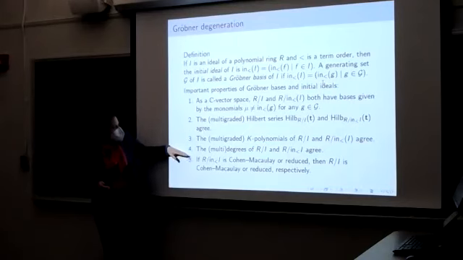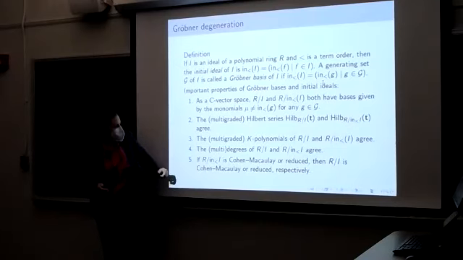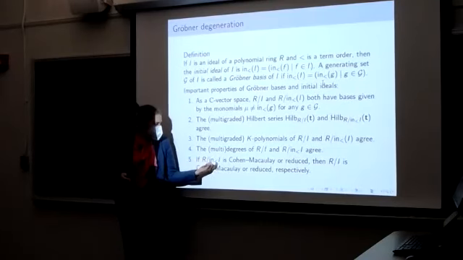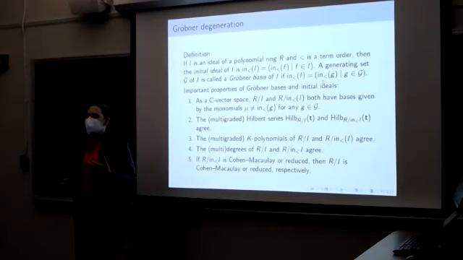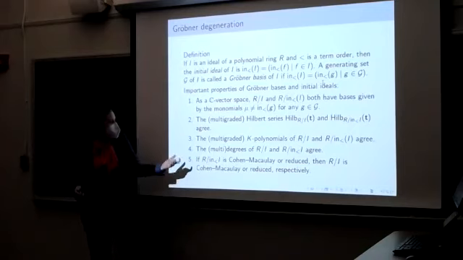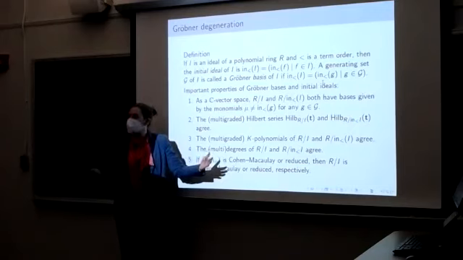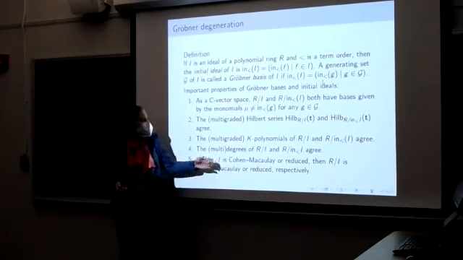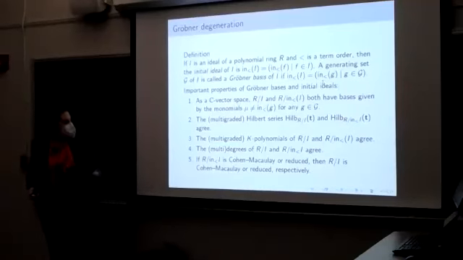5 is less directly related to the previous 4, but also very important. So this limit point, this initial ideal, it can be worse than the variety that I started with, but it can't be better. So if the R mod the initial ideal is Cohen-Macaulay, which is good, and we'll talk about why soon, or if it's reduced, by that I mean no non-zero nilpotents, then R mod I also has those good properties.